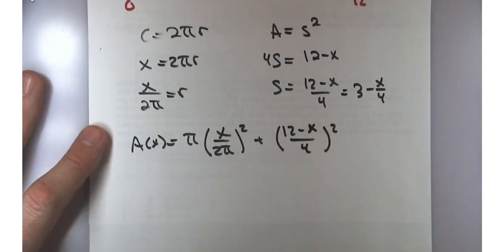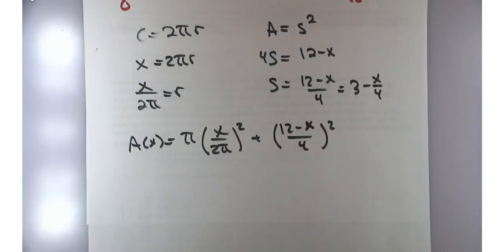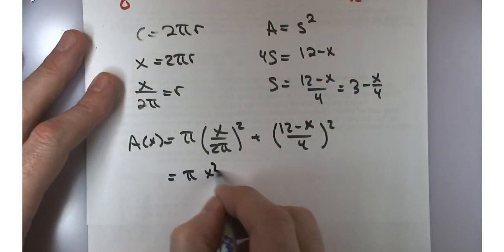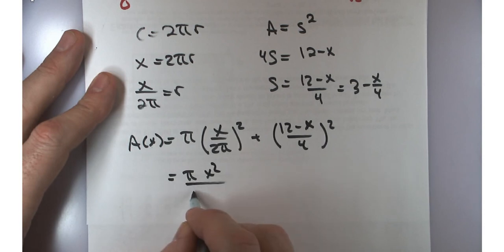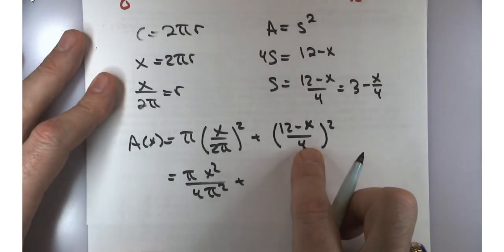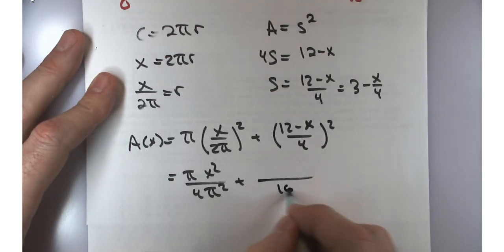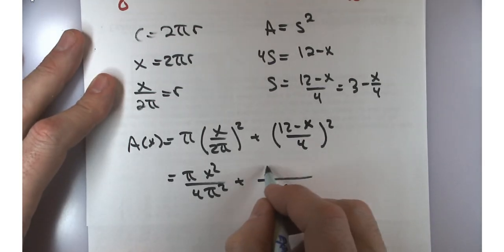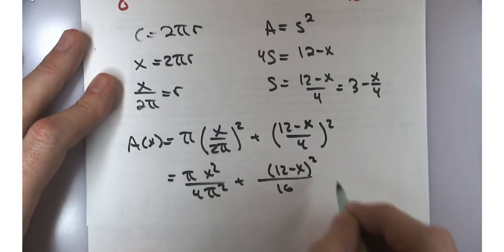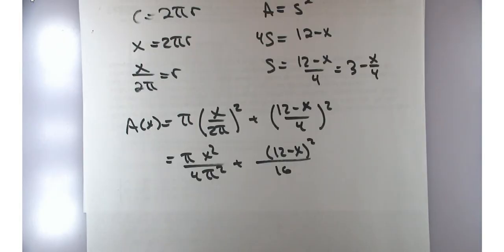Let's clean these up a little bit, because at some point we're going to have to differentiate these things. That's going to be pi x squared over 4 pi squared plus, I'm going to have just a 16 in the denominator, and then 12 minus x squared. I'm going to leave that squared like that in the numerator.